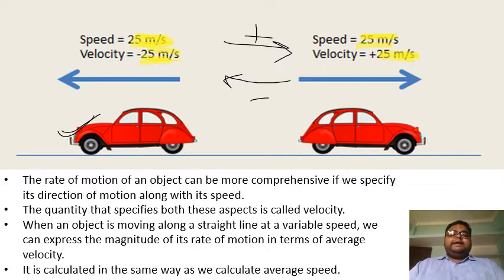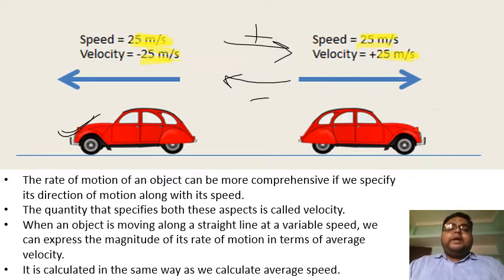So the quantity that specifies both aspects is called the velocity. And what are both the aspects? The rate of motion, or speed, and the direction. So when we add the direction component to the speed, it becomes the velocity.